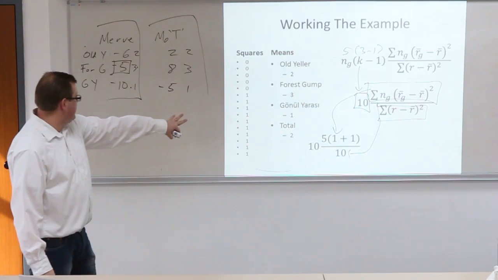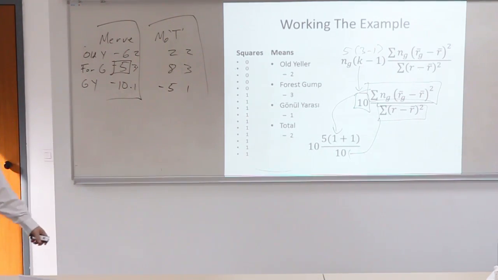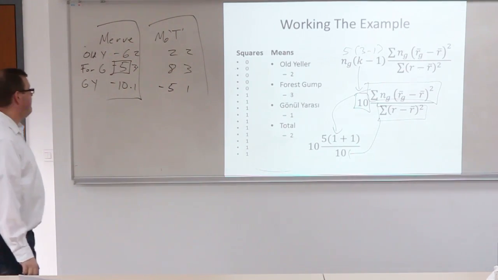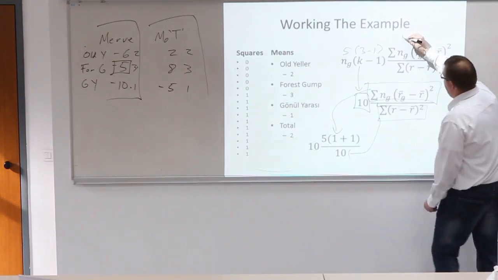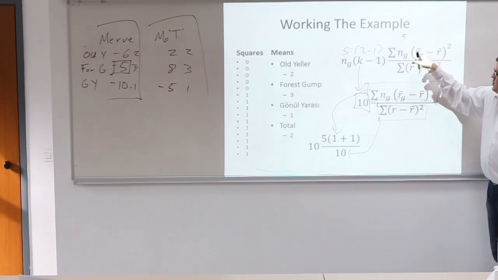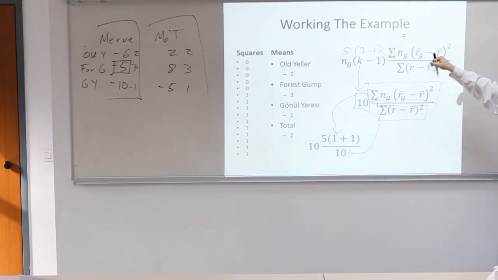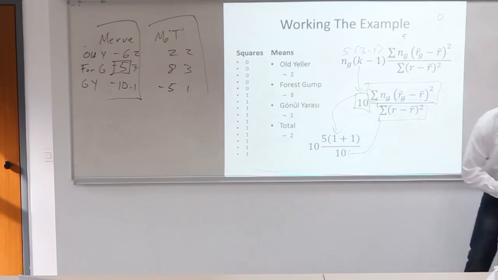So the top part, is that really 5 times 2, 10? Is that really 10? So in G, this is going to be 5. Now we want to get the difference between each group mean and the grand mean.